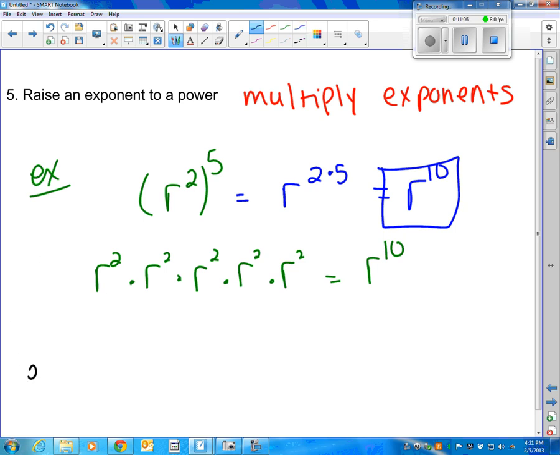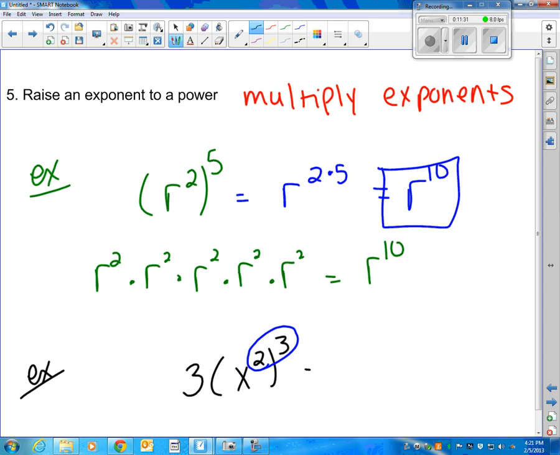All right, and one more example. What if I had 3 times x squared cubed? All right, the only thing being raised to a power is this x squared. So I'm going to circle it. That's what I'm going to multiply.